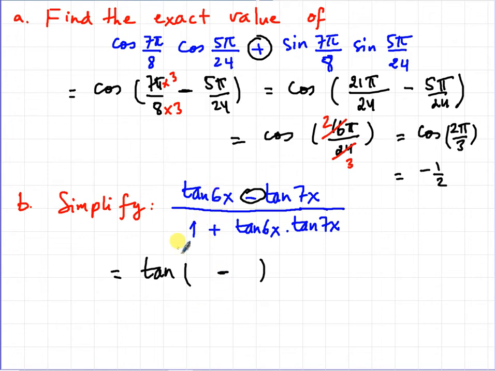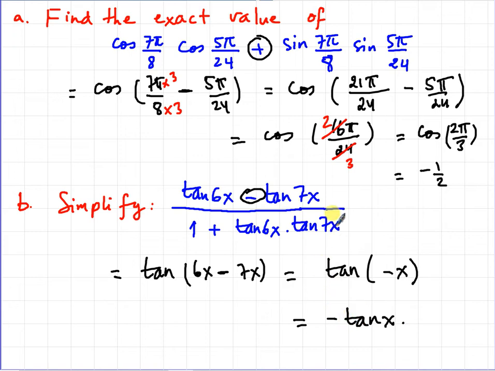So tan a minus b, a is 6x, b is 7x, so 6x minus 7x, we can subtract this and we would get tan of minus x. If you can remember the even-odd identities, sine of minus x is minus sine x, cosine of minus x is cosine x. We have tan of minus x is simply negative tan x. So this expression is equal to negative tan x.